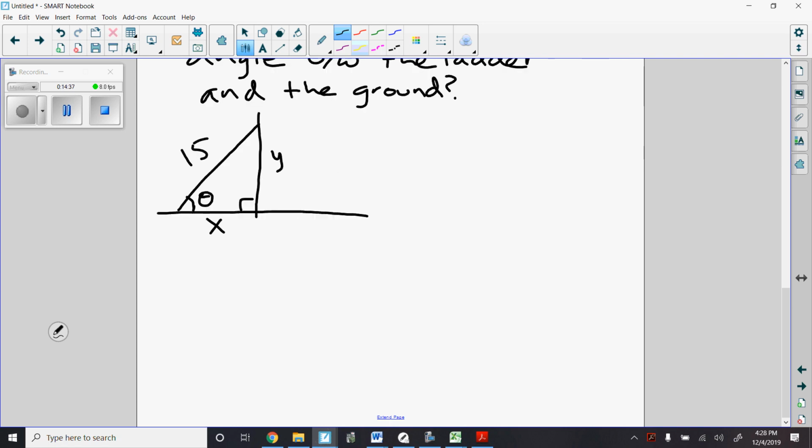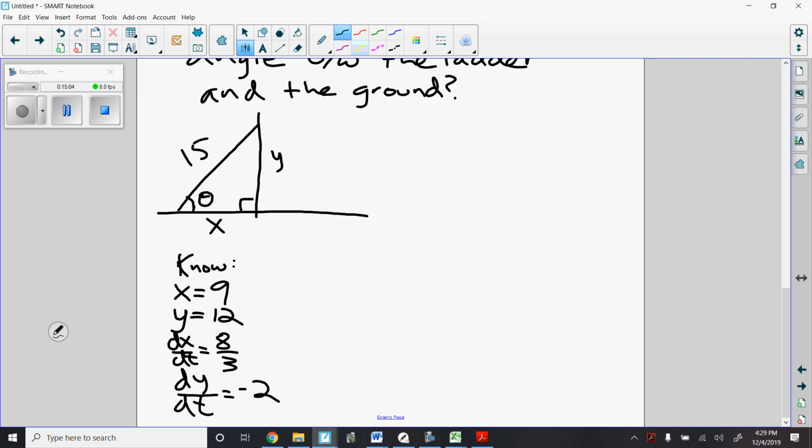And again, here's what I know. I know x equals 9. I know y equals 12. I know dx dt, I just solved that. Dx dt was 8/3. I know dy dt was negative 2.